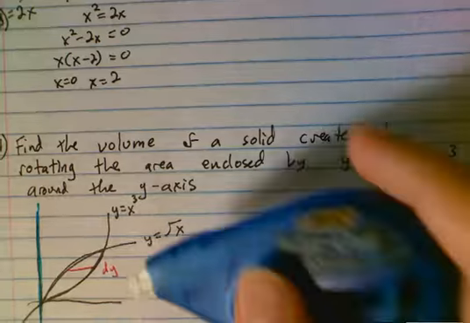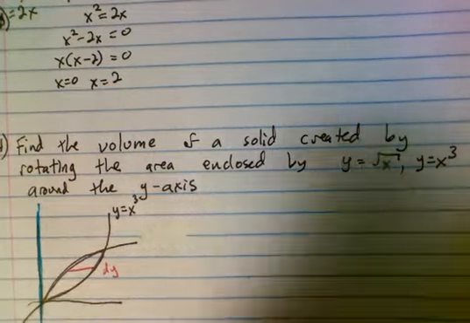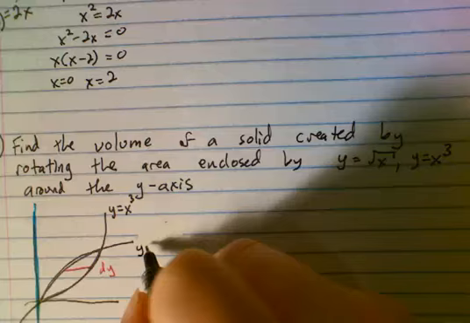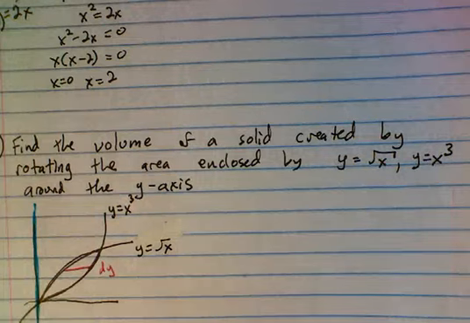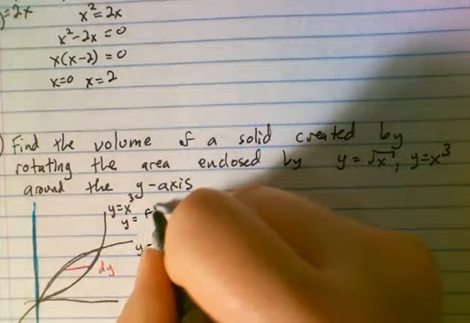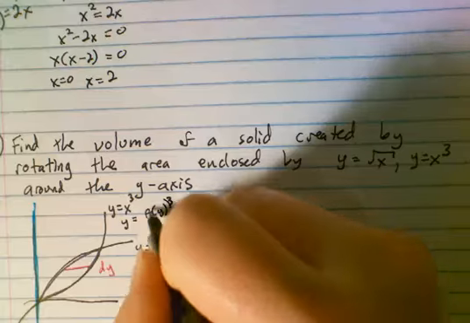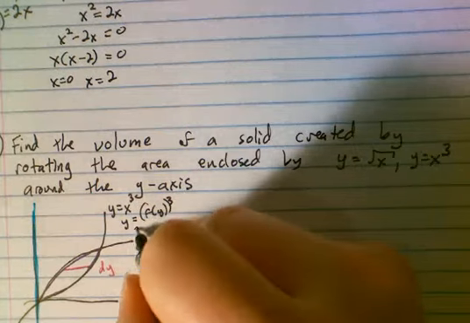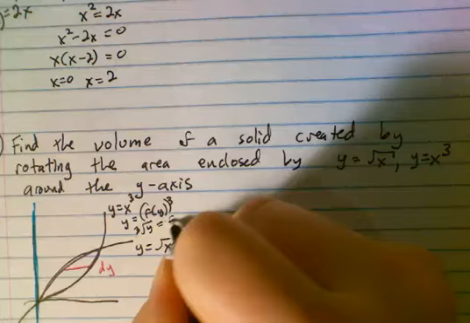So I'm going to need a little bit more room, so I'm going to move this one down a little bit. Y equals square root of x. So let's switch these. Y is going to equal f of y cubed. Take the cubed root of both sides, and the cubed root of y equals f of y.